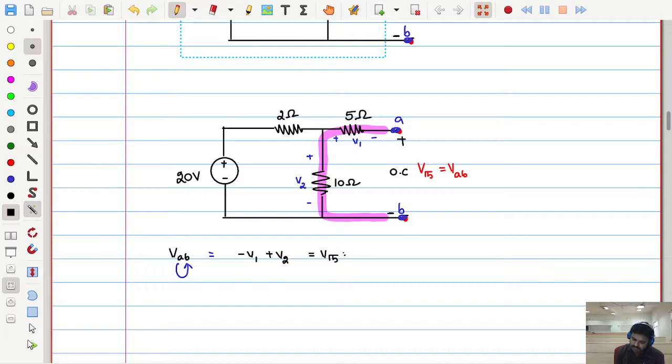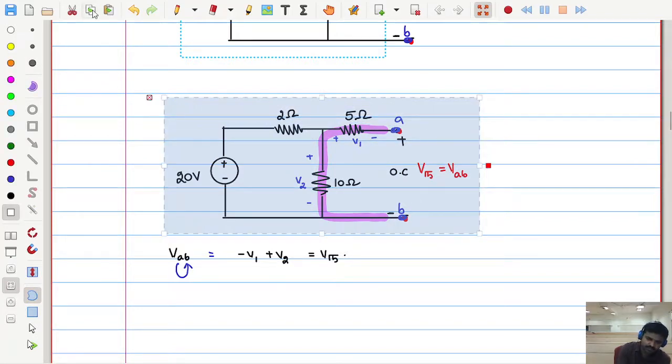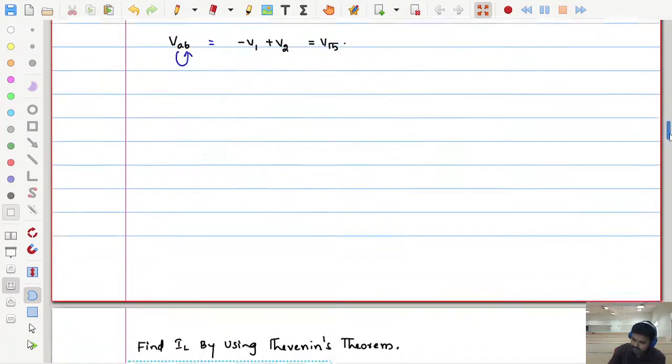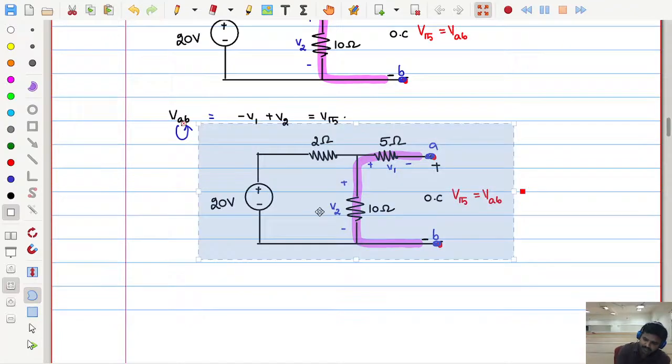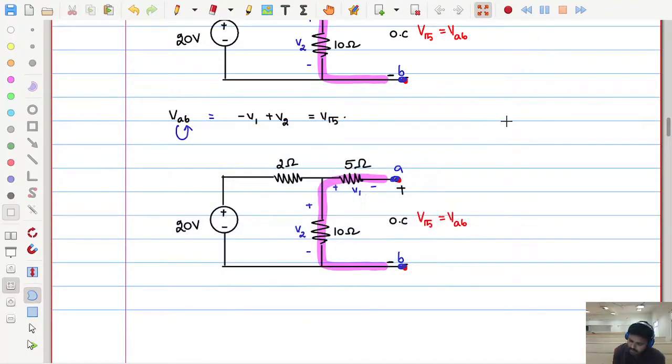Now think of how I can find V1 and V2. Let me take this diagram once again in the next step. Just think of how much current is passing through this 5 ohms.